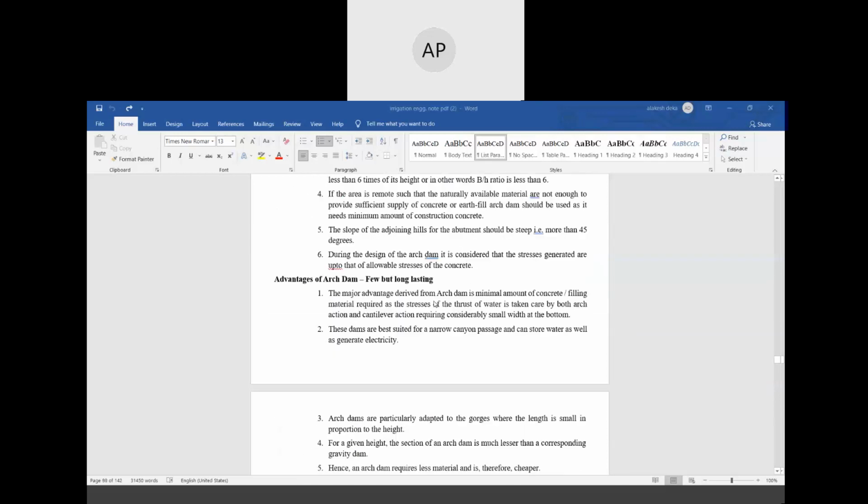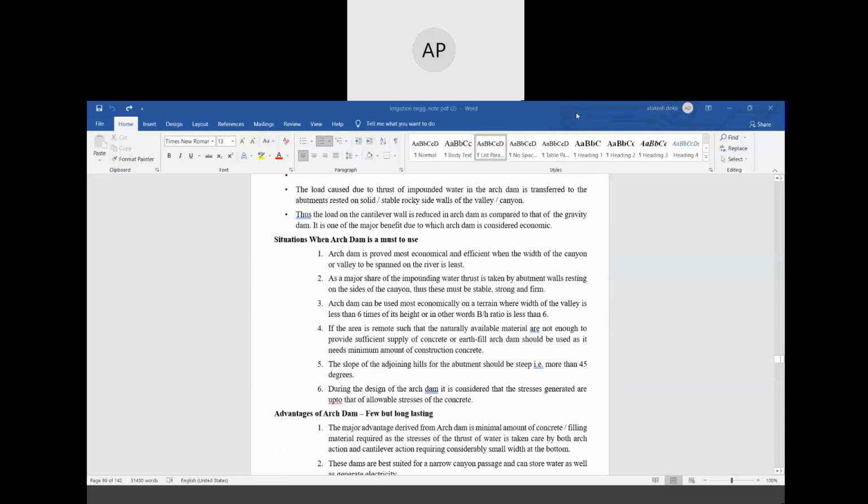The major advantage. Okay, let me discuss the situations where an arch dam is used. Generally, an arch dam is not commonly used. An arch dam proves most economical and efficient when the width of the canyon or valley to be spanned on the river is least.